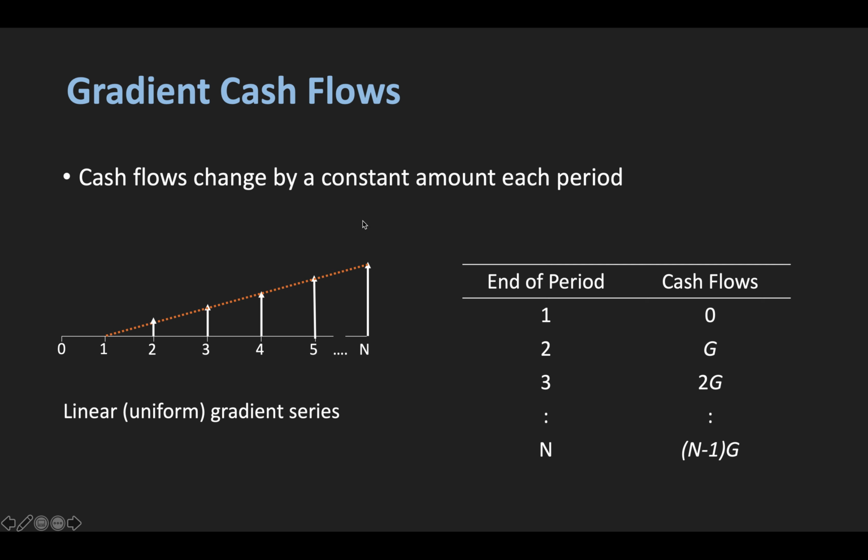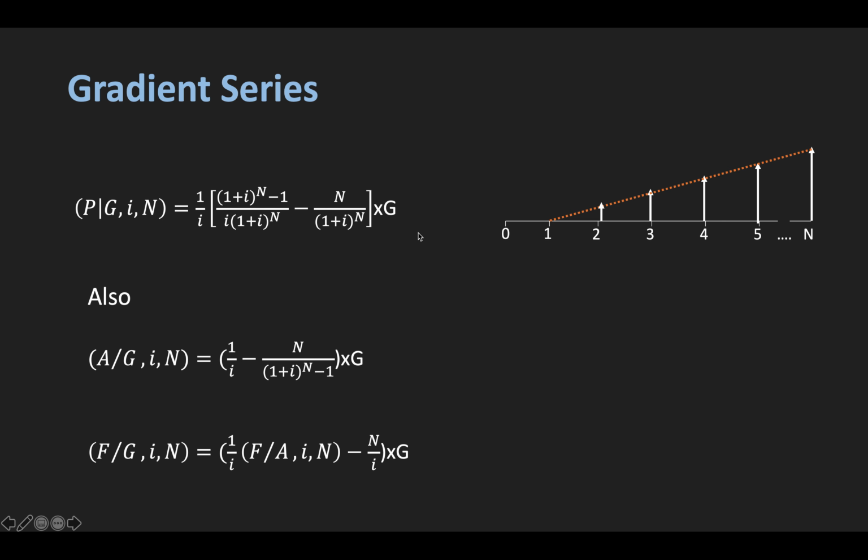In that case, what do we do? Well, in that case, obviously, we cannot directly use this function anymore because, again, it's required to start at 0, right? In that case, we want to break our cash flow into 2 parts.